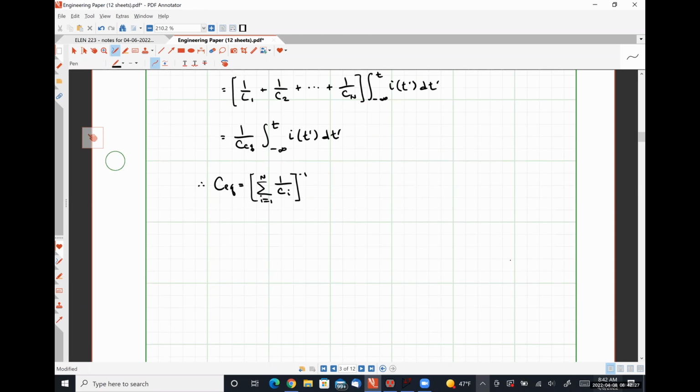Now, if we have several capacitors connected in parallel. So let's call this C1, and it's carrying a current of I1. A capacitor C2 carrying a current of I2, and a capacitor Cn carrying a current of In.